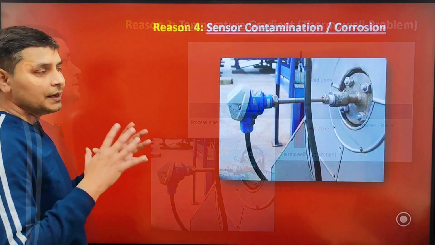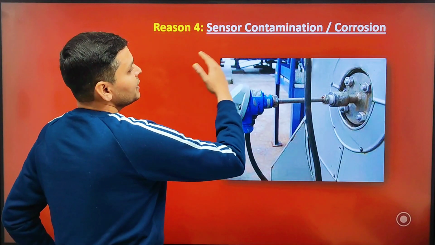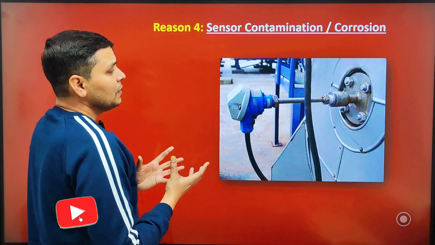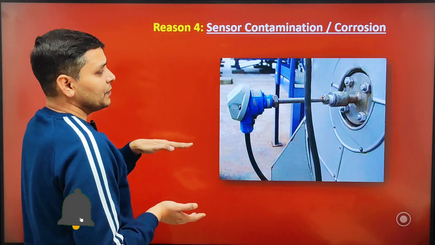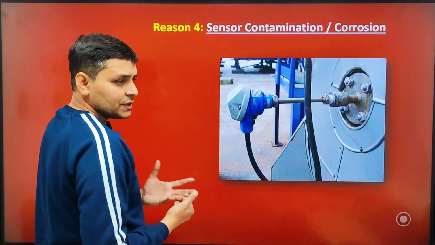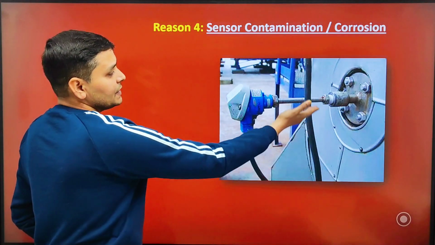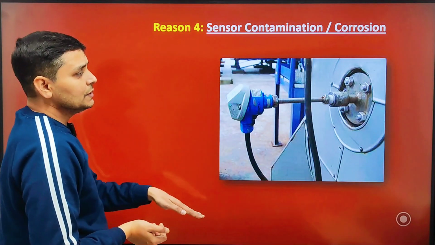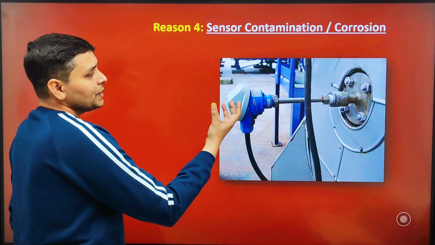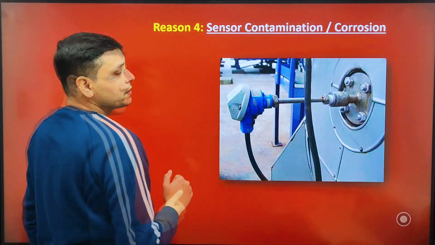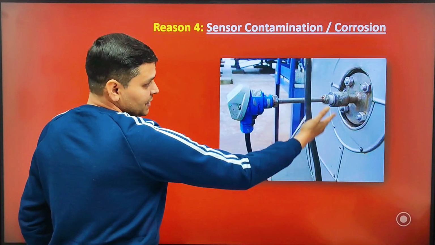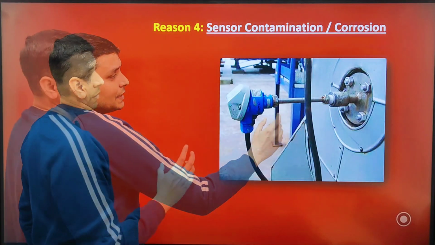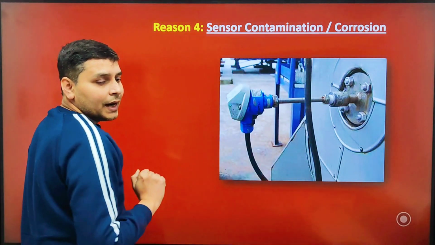controlling. The next is very common: sensor contamination and corrosion. Sometimes we use an RTD or thermocouple in such an environment that may contain moisture or acid or gases or some bases, and due to these environments there may be a possibility of corrosion, a possibility of moisture, and also a possibility of something else collecting at the tip of the RTD.